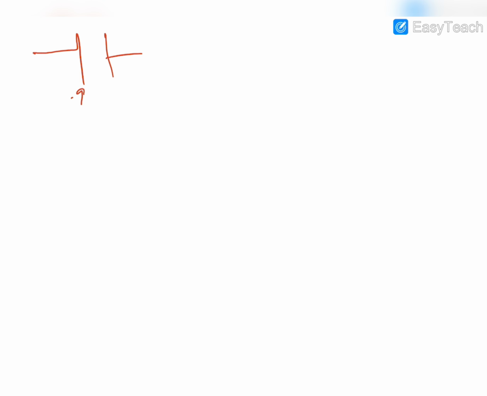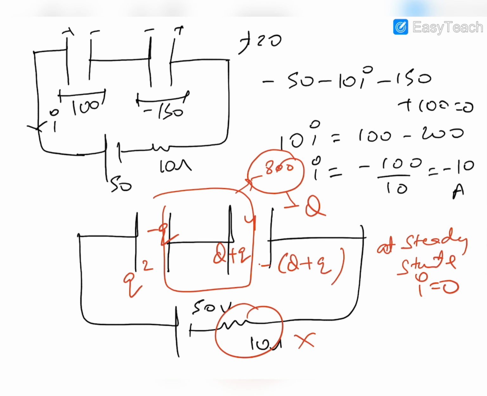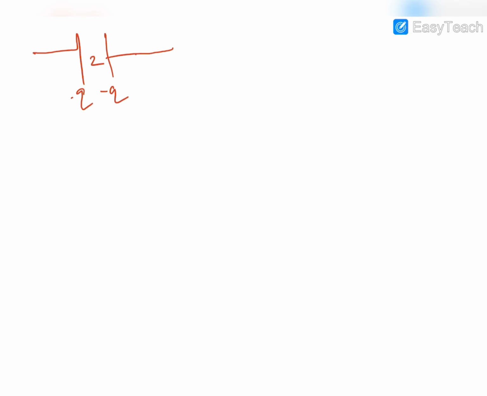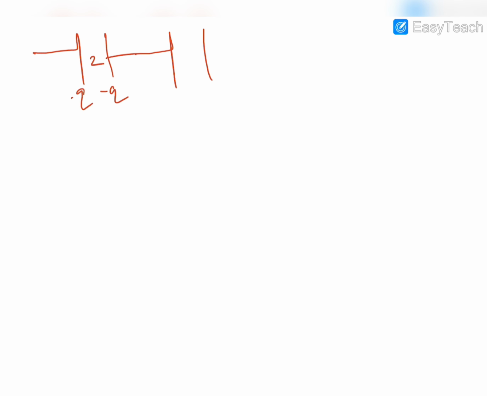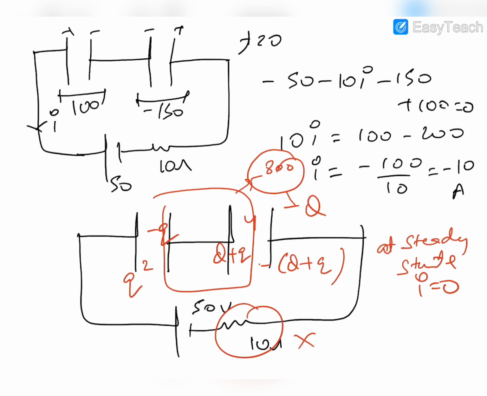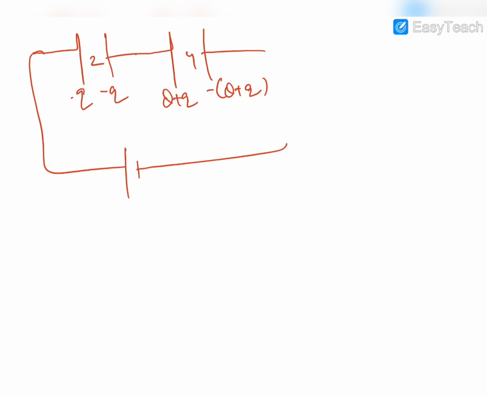This is Q, this is minus Q, its capacitance is 2, and this is Q plus Q, and this is minus of Q plus Q, and its capacitance is 4, and this will be 50. I'm not drawing that resistance.